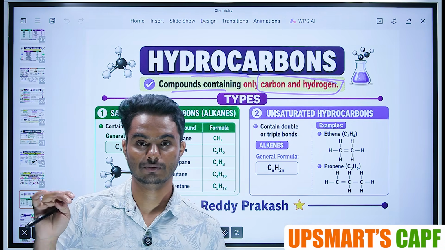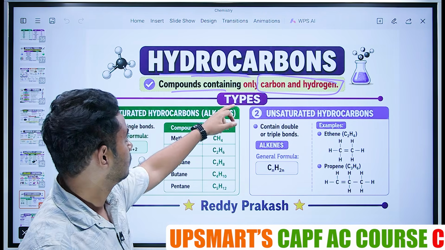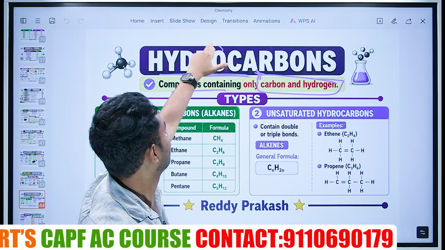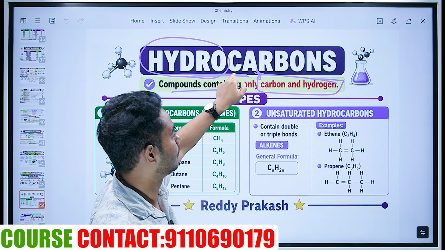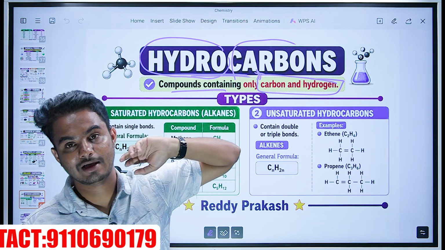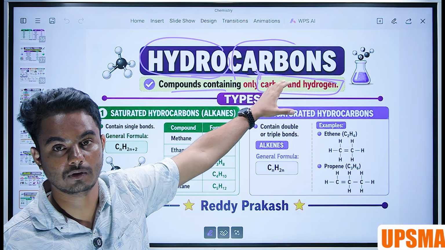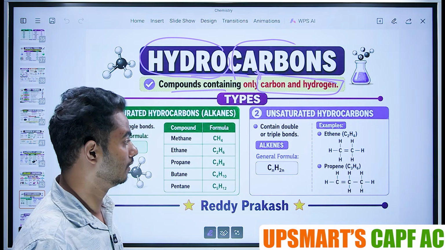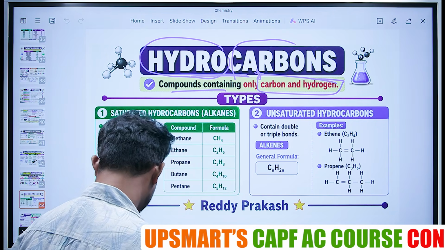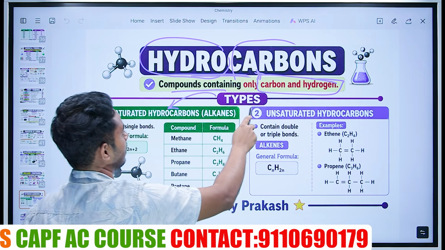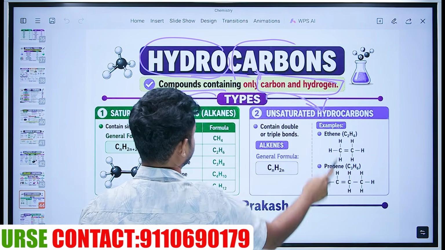Only carbon and hydrogen will be there. Hydro for hydrogen, carbon for carbon, so it is called hydrocarbons. No other functional groups.